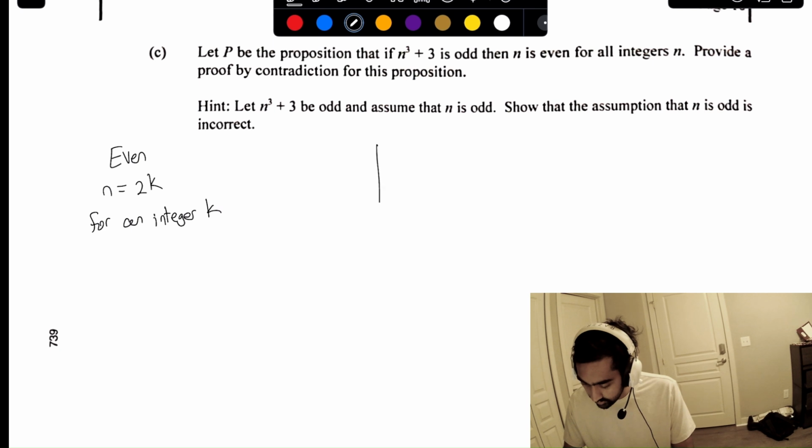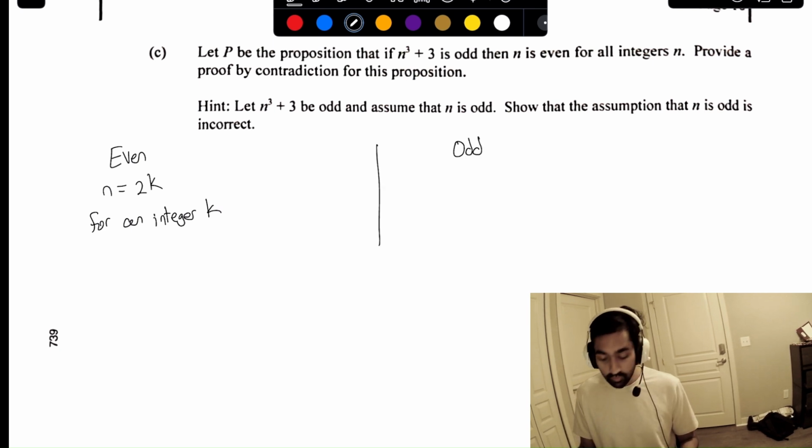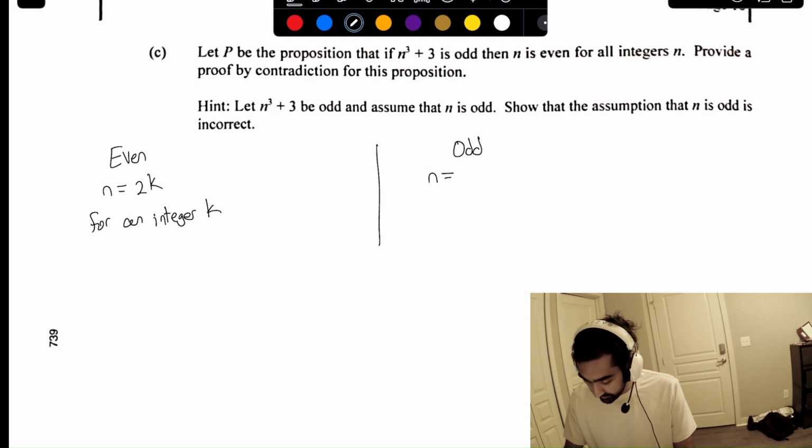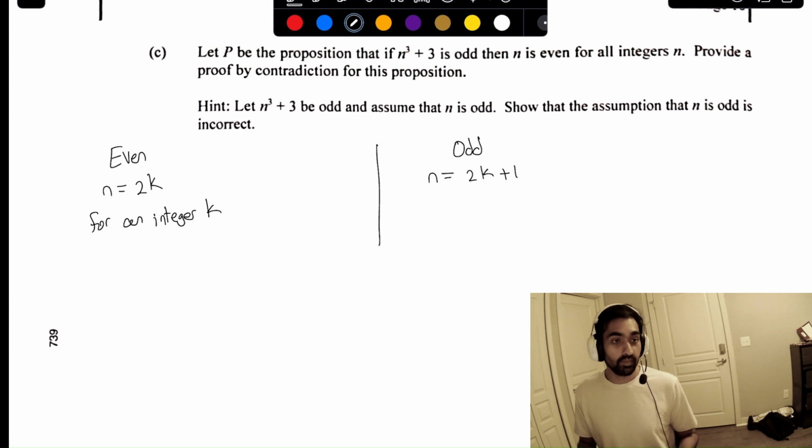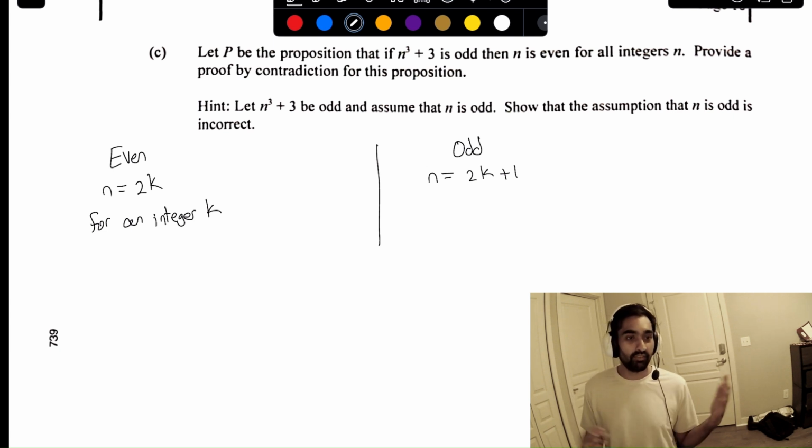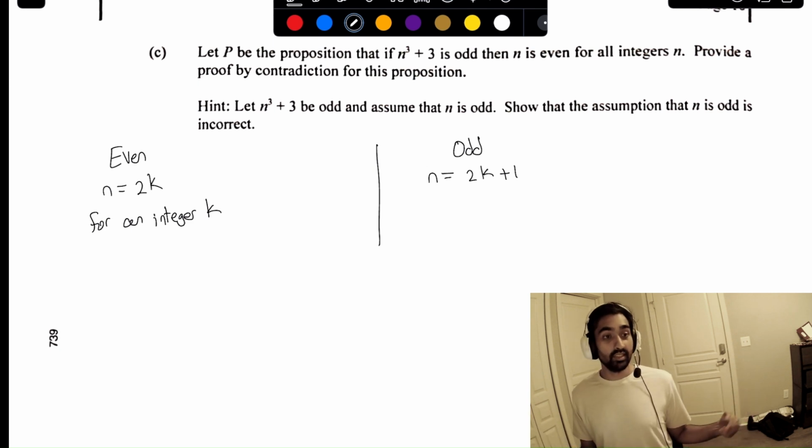Odd integers are all the integers that you can't do this for, but you can write an odd integer as 2k plus 1. For example, 1 is 2 times 0 plus 1. The odd integers are like 1, 3, 5, 7, 9, etc. That's all you really need to know about even and odd numbers to solve this problem.